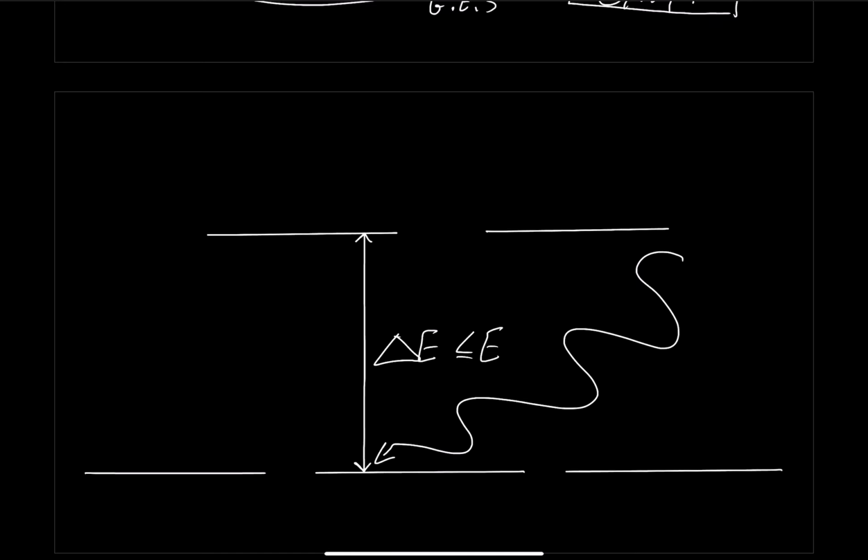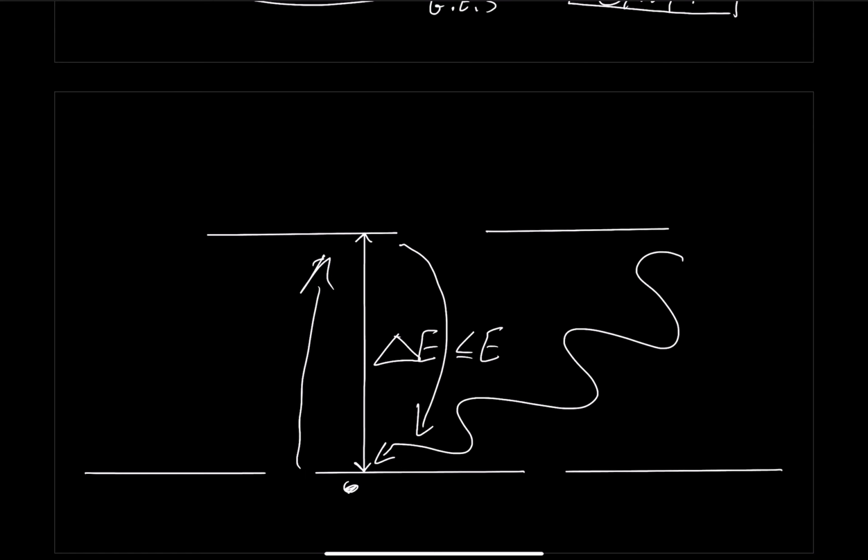Remember what waves are. Waves just transfer energy. That's all you need to know. In this case, it needs to make sure that the wavelength of light is of a particular frequency, i.e. it possesses enough energy, greater than or equal to the energy gap, in order to excite an electron from this orbital to the higher energy orbital and cause that electron to then get de-excited back down to the ground electronic state.